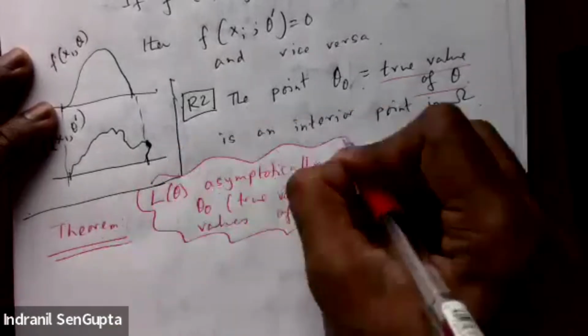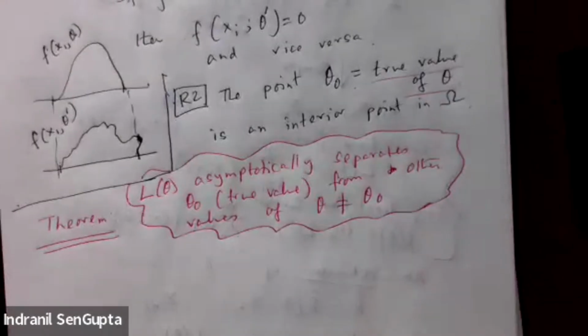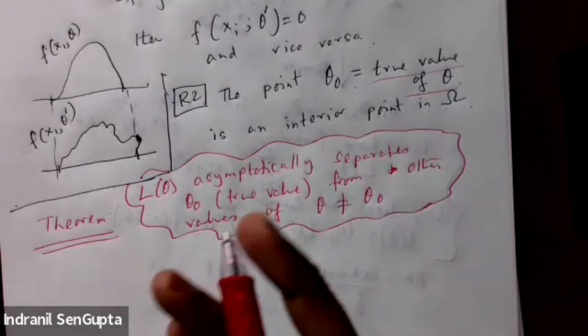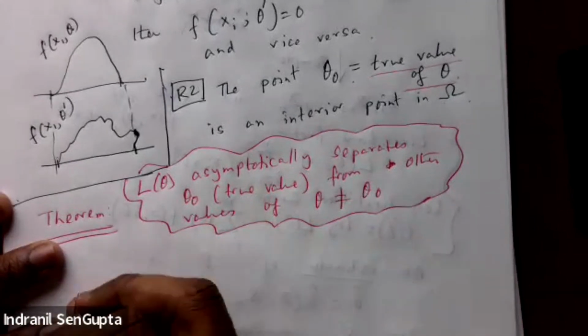I'll write this formally, but what I mean by asymptotically separating the true value from the other values will be clearer when I write the statement. This is the summary. Now let me write this.